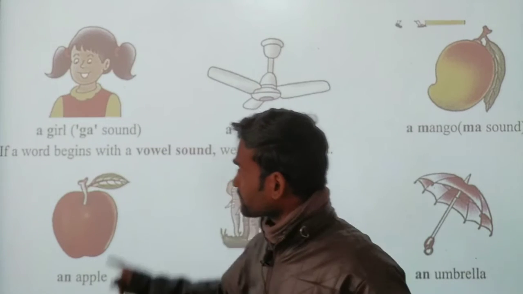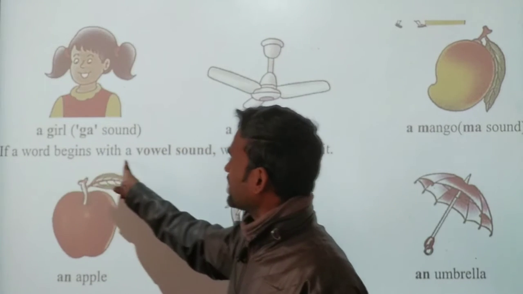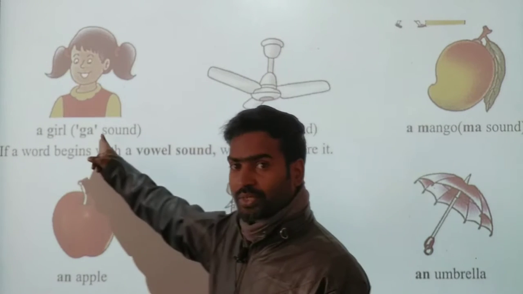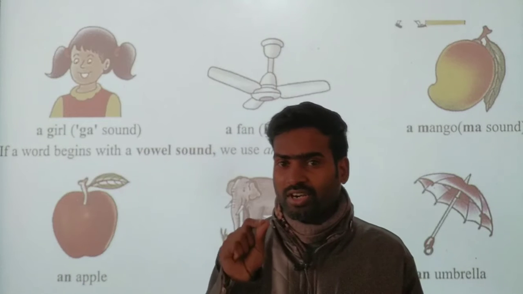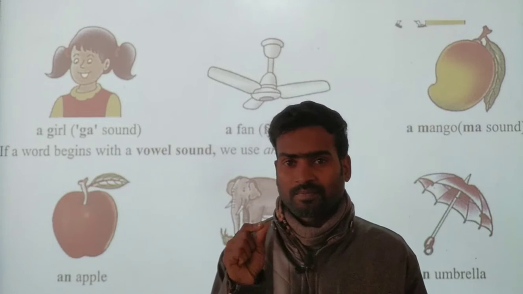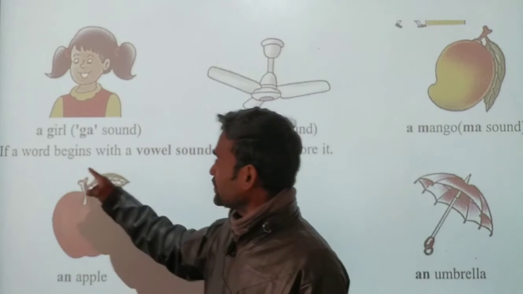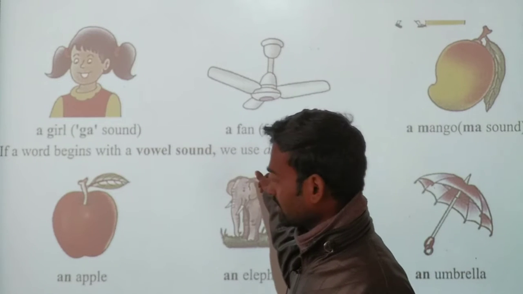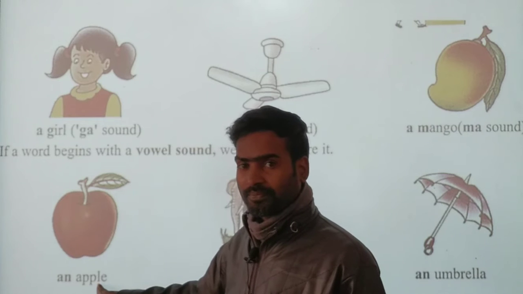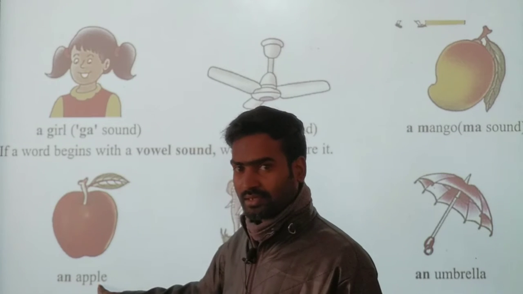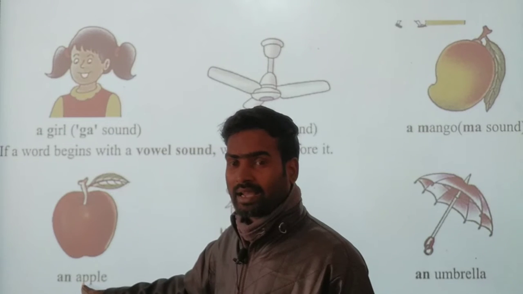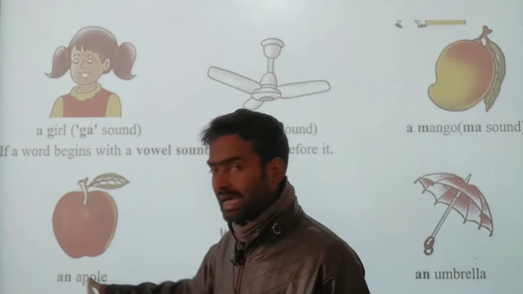And the next one: if a word begins with a vowel sound, we use an before it. Okay, an apple. A vowel sound, an apple.